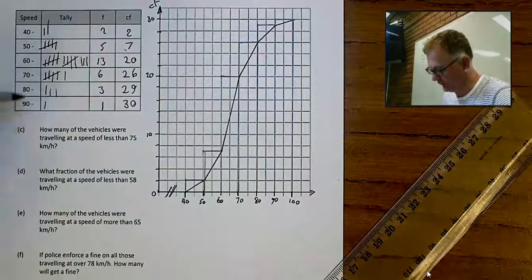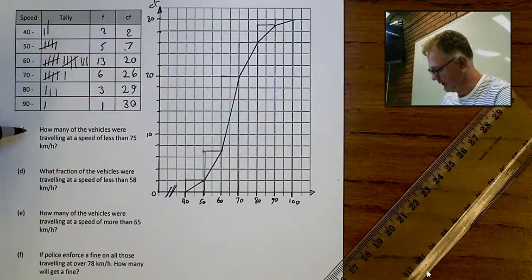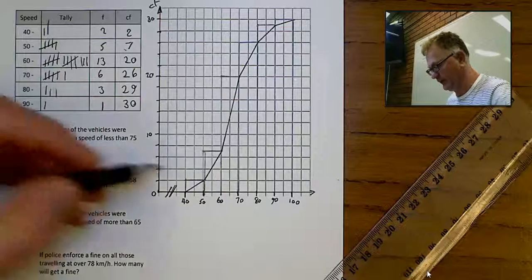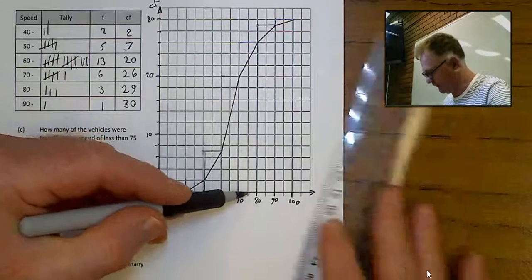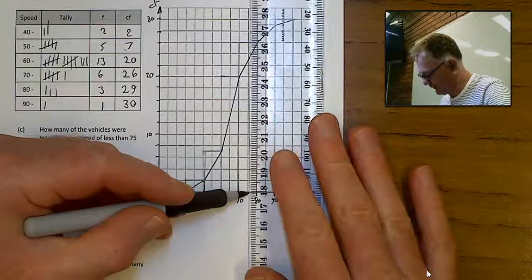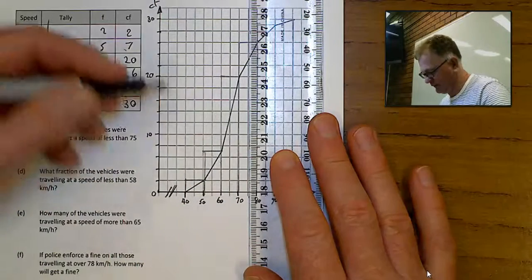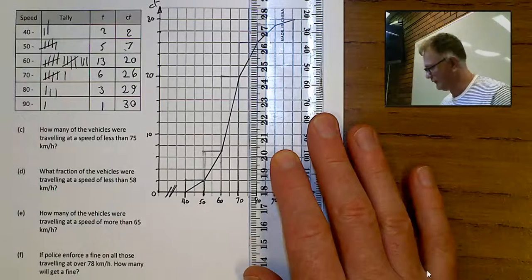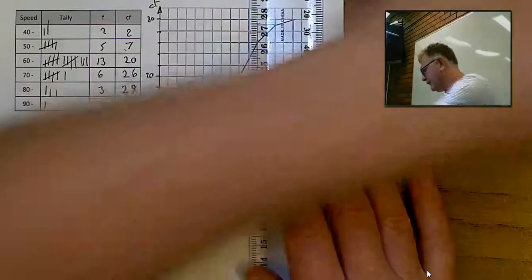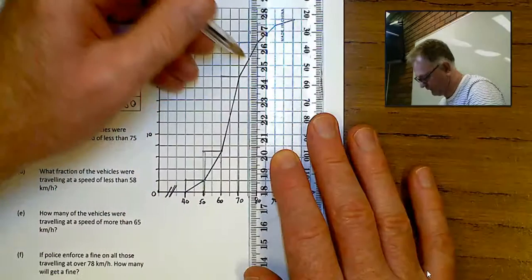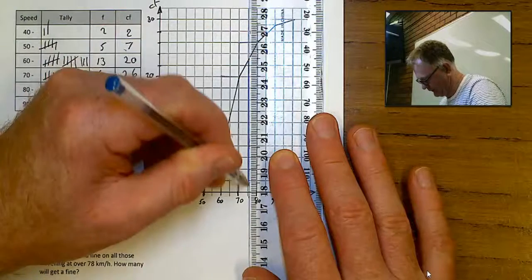Now to answer some questions. How many of the vehicles were travelling at a speed of less than 75? You can do that on your graph by going up here to 75, going up to your graph and going along. I might just put these on here. One of my blue pens working. Yes, it is.